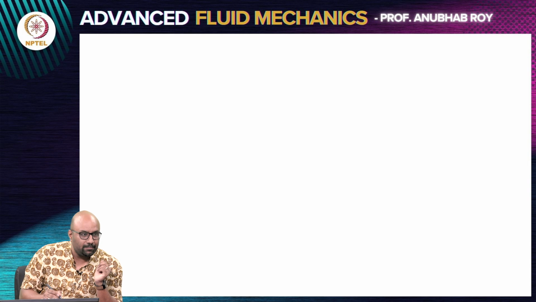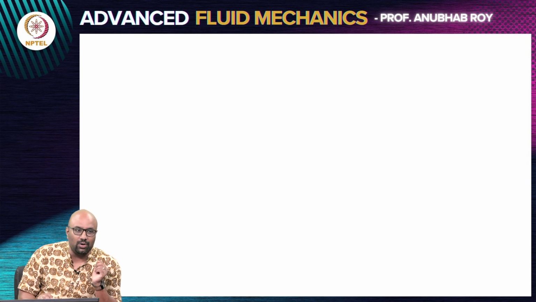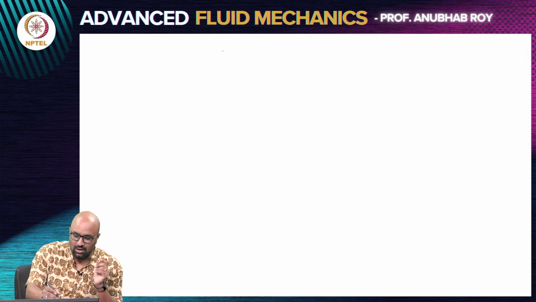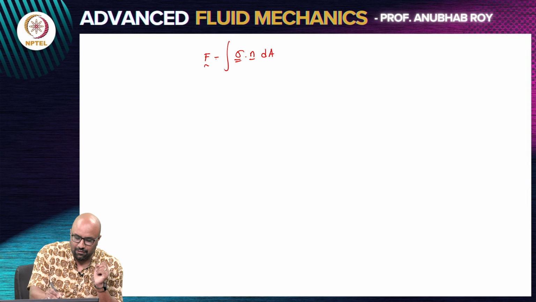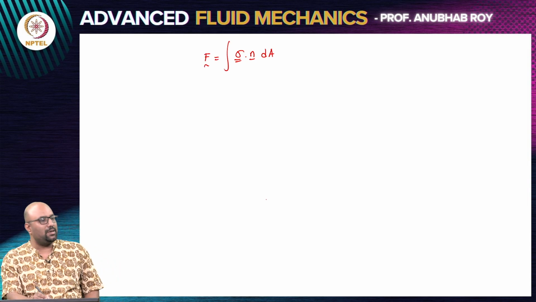If you remember, we computed that the surface force was sigma dot n integrated over the cross sectional area, right. So, this is our expression for the force that a body is experiencing.